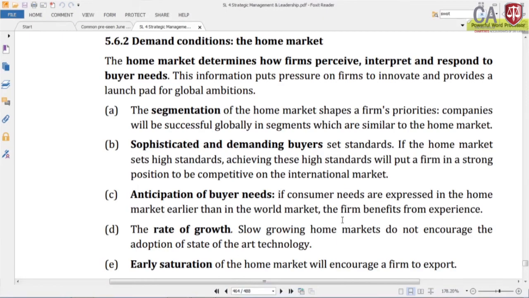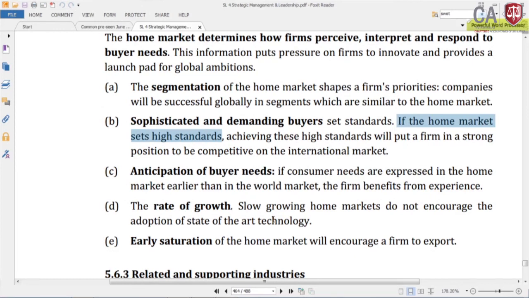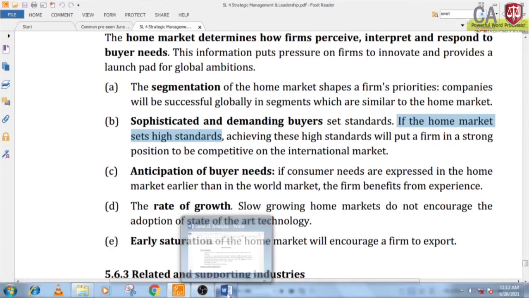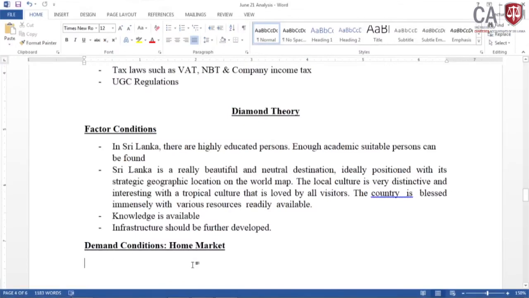What about the country's demand? Are Sri Lankans going to set a high standard? Still not. This is a disadvantage actually. What about the anticipated buyer need? If consumer needs are expressed in the home market earlier, then no, that is also not there. These are some of the disadvantages. We may not have the required point.